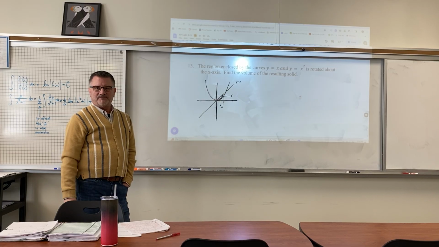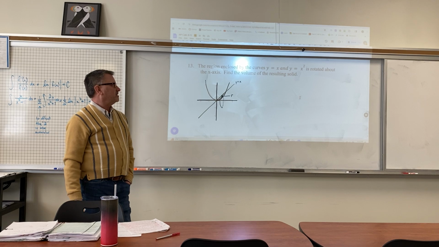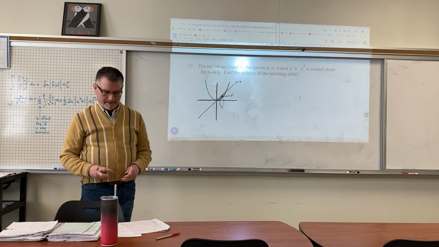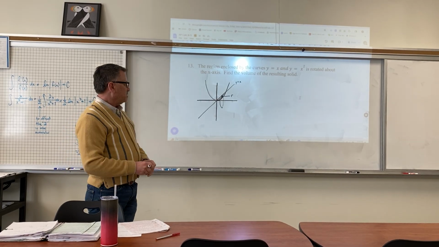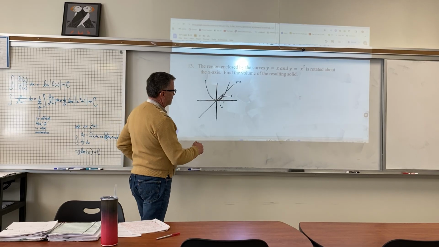Guess what? It's exactly like what we just did in number 12. The top minus the bottom. But do y'all see we're going to get a hole in this when it's rotated?